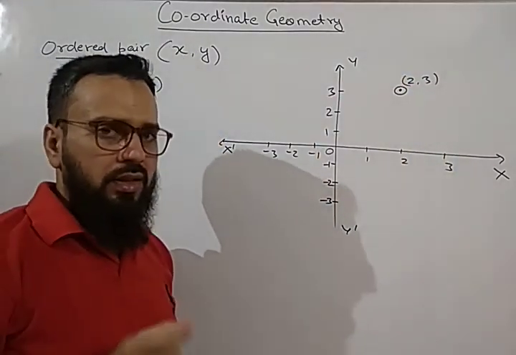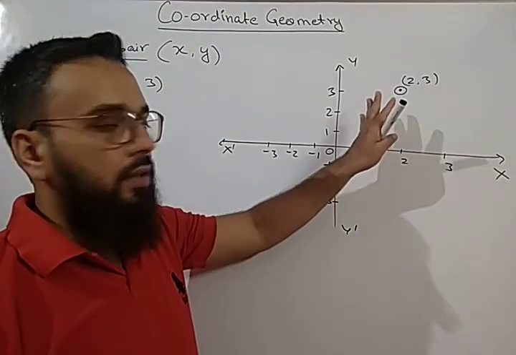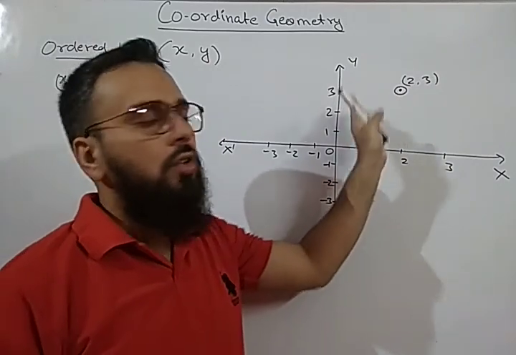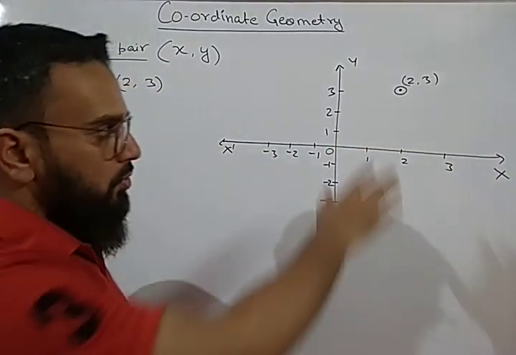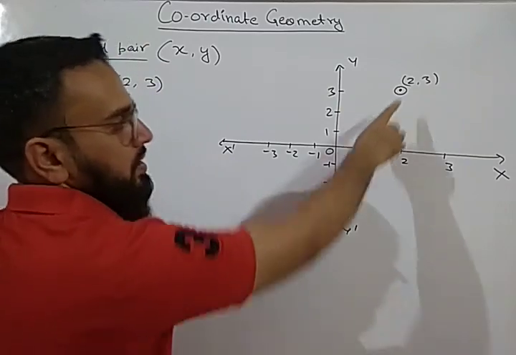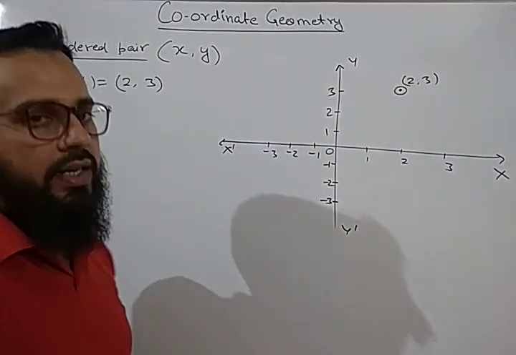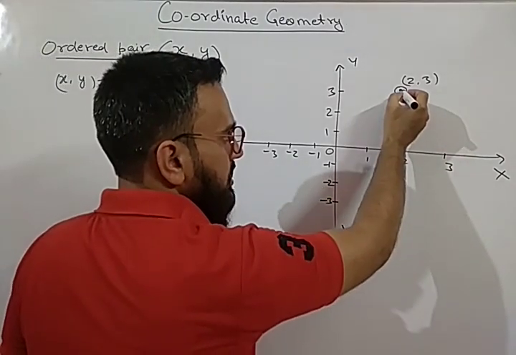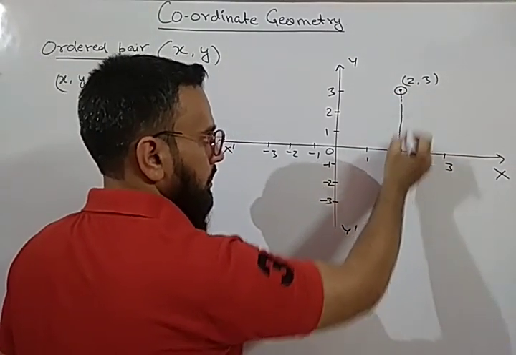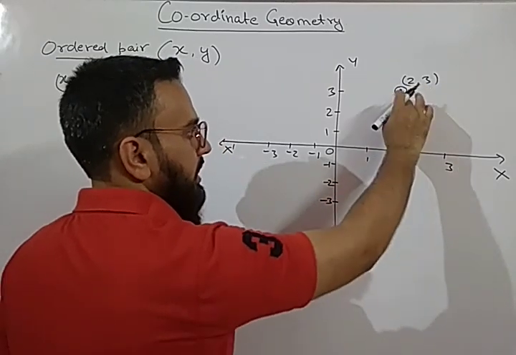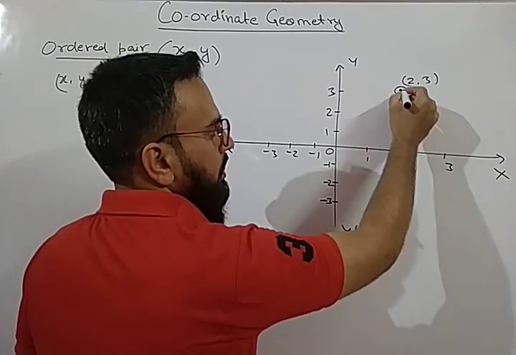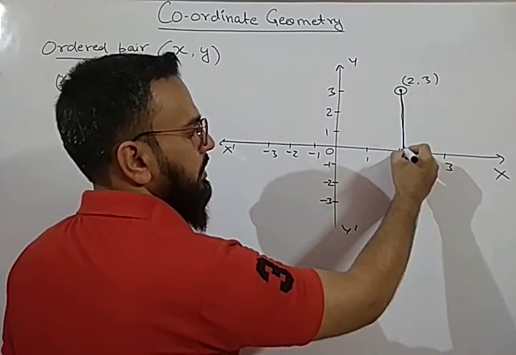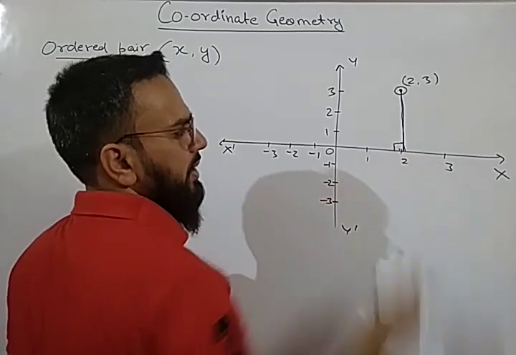Now the important concept I am going to tell you is what the distance from the x-axis and the y-axis indicates. This is our coordinate (2, 3), a point in this Cartesian or rectangular plane. Now what is this distance? If you draw the perpendicular, or check on your graph paper, the line will always be perpendicular.